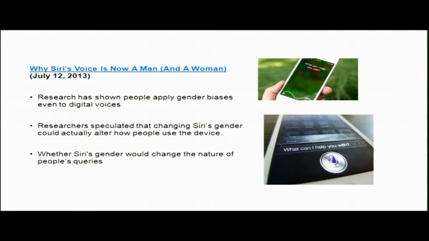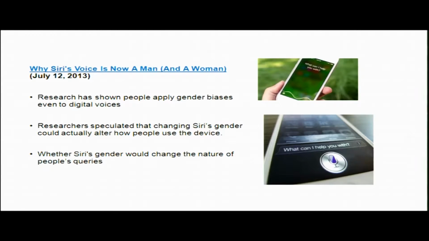For example, you can see that there was a lot of discussion that went on with Siri's voice being a woman or a man, and quite a few articles have been invested in understanding why we need to talk about that. Research has shown that people apply gender biases even to digital voices.